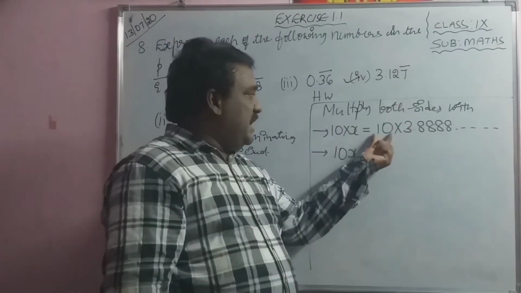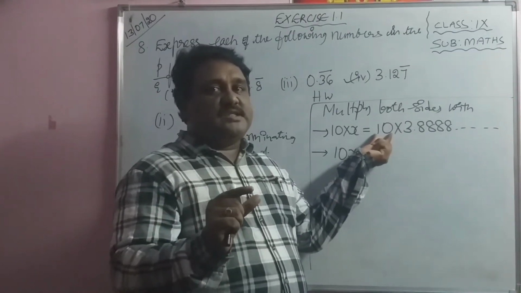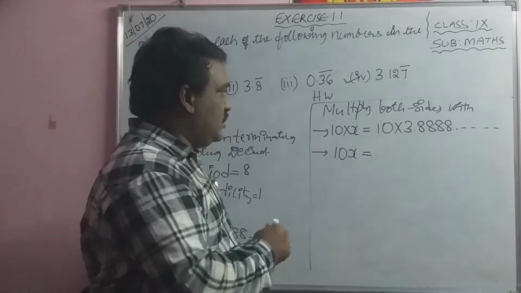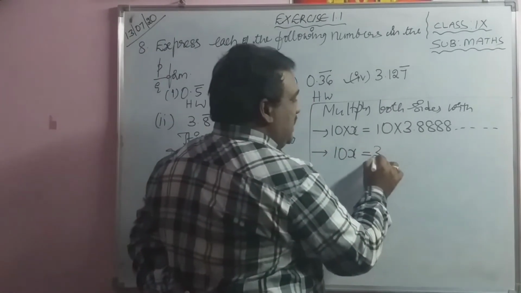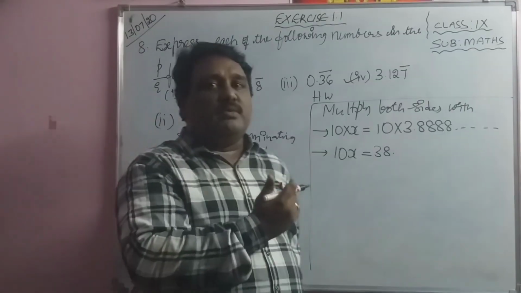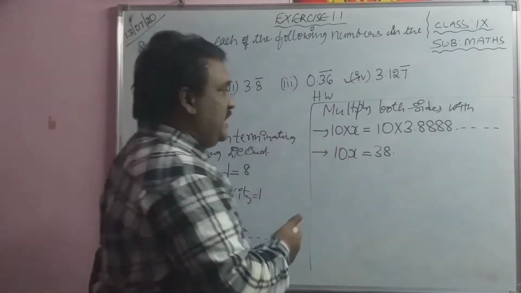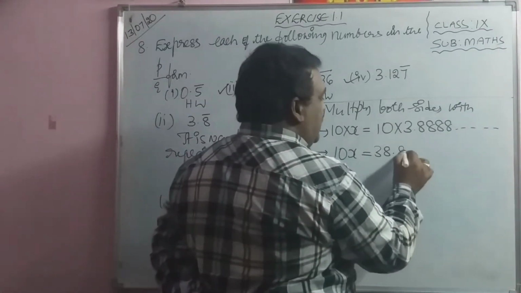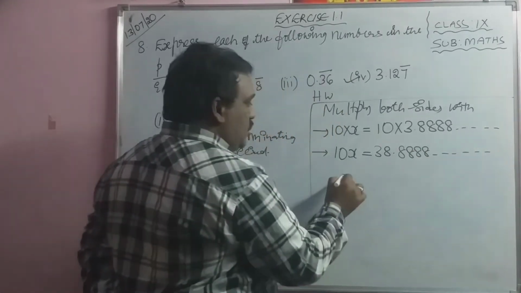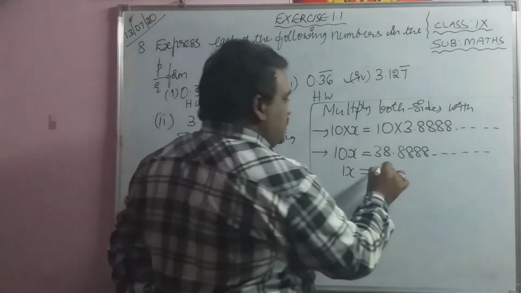Multiplying with 10, the decimal point moves one place towards the right. So 10x equal to 38.8888 and so on. What is 1x?